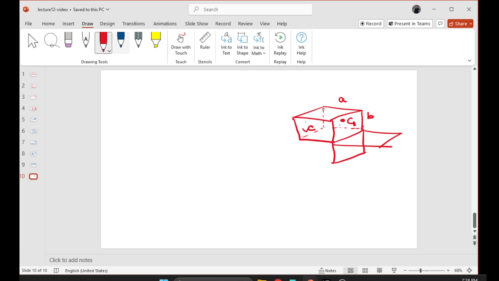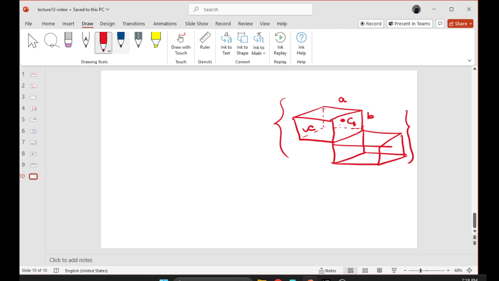It is not to be confused with big C, which I use to denote the center of mass of a rigid body. Now suppose the rigid body of interest is of this shape. This is the entire rigid body.